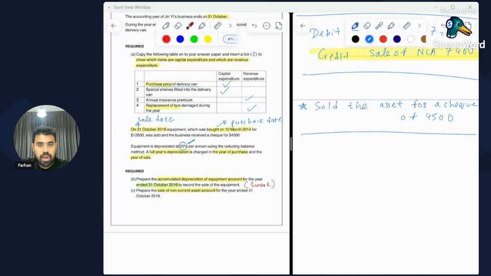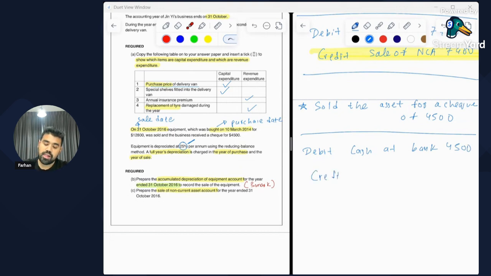Cash at bank, which in itself is an asset account, goes up because of the amount we're receiving by selling this asset. We are going to debit it because when assets go up, we end up debiting them, right? So we debit cash at bank 4,500. And why are we debiting cash at bank 4,500?